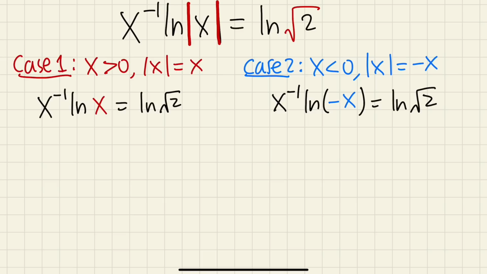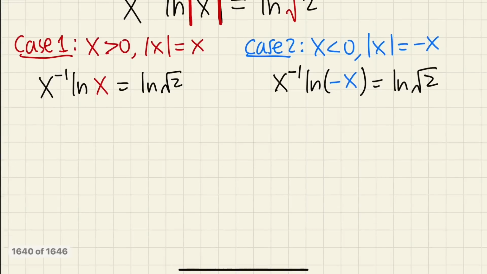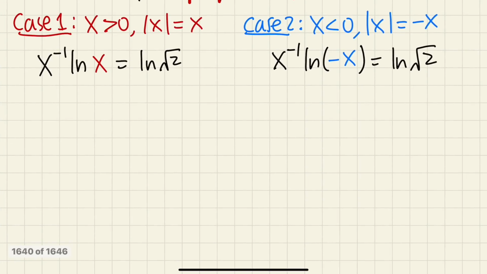Now, what do we do with the first case though? Here's the deal. We have x to some power times natural log of x. Usually we want to take e so that e and ln cancel, but we do have one more thing that's multiplying with the ln. So if you take e to this whole thing, they are not going to cancel out nicely.